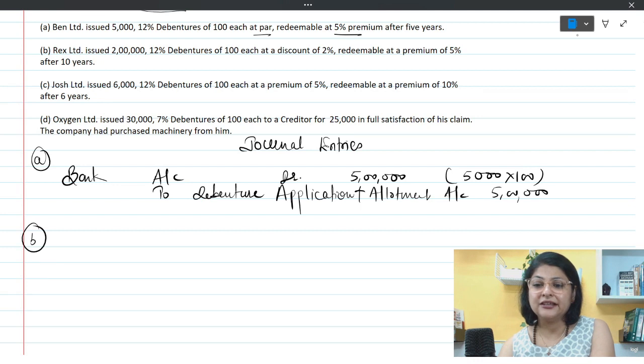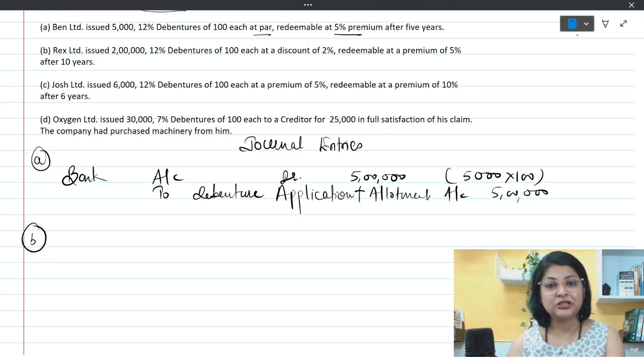Now the second entry will be of closing this debenture application and allotment account, and obviously the second entry will include the loss on issue of debenture also, because we are redeeming these debentures at 5% premium.